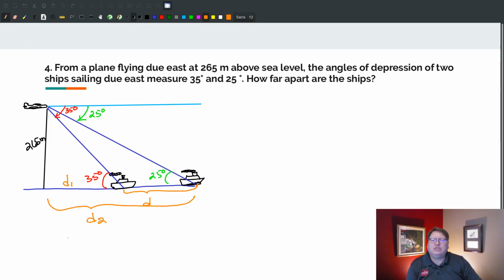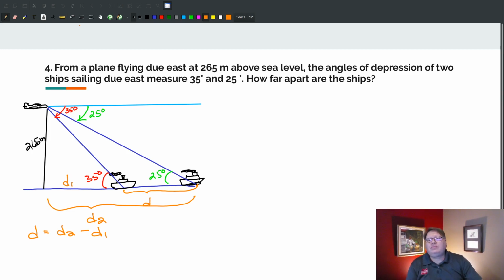So the distance between the ships would just be the distance for ship 2 minus the distance for ship 1. So basically, you're going to be setting up 2 right triangles, 2 trig functions, and then we're going to go from there. Once we know our distances, we can subtract them, and then we'll have our answer.